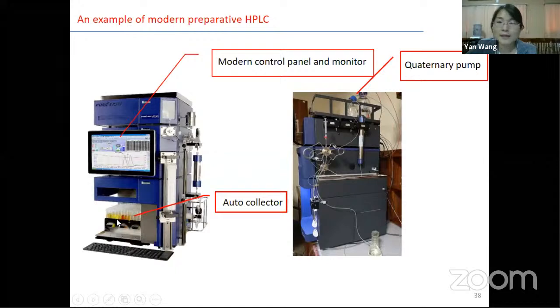And here we can collect the sample automatically. You can see here the tubes have collected the peak. According to the value the detector gives for the peak, they will change the tube and start collecting another peak. This is automatically collecting your peaks. Everything automatic, right?